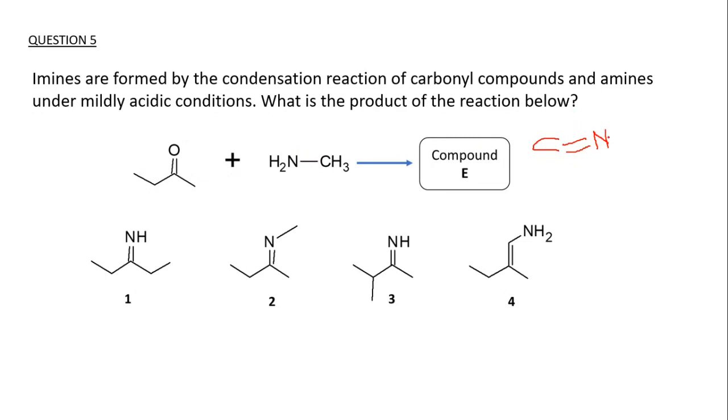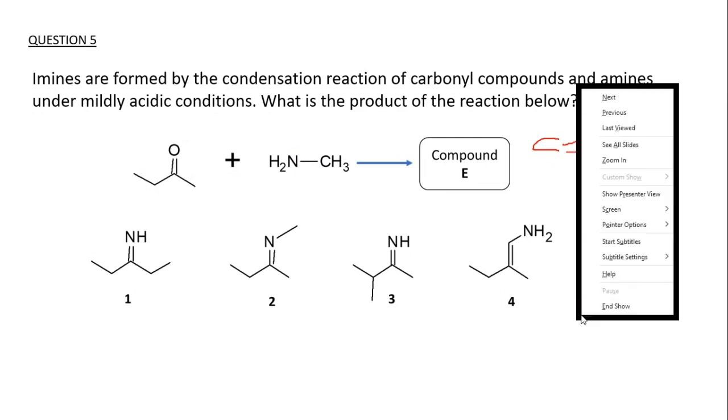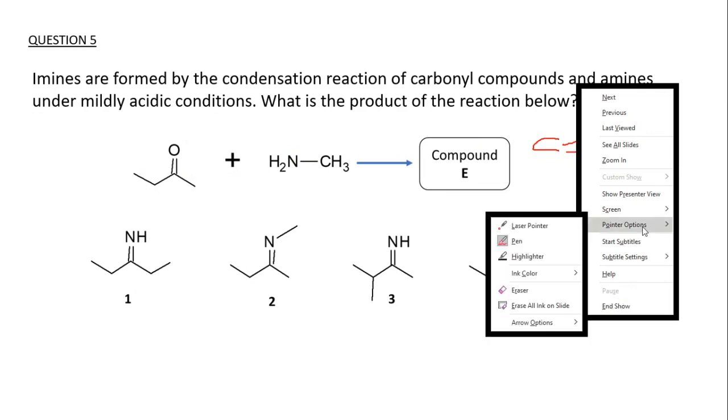So in the imine, you should have a C double bond N CH3. Right? And so right away, see what product we're supposed to have. What's the answer for the imine? What structure does it have? Which of the options has a C double bond N with a CH3 attached?